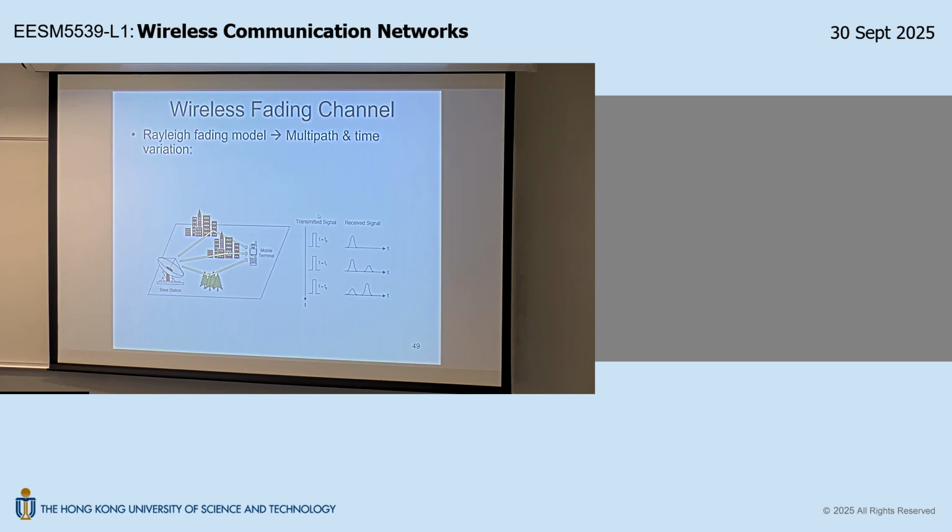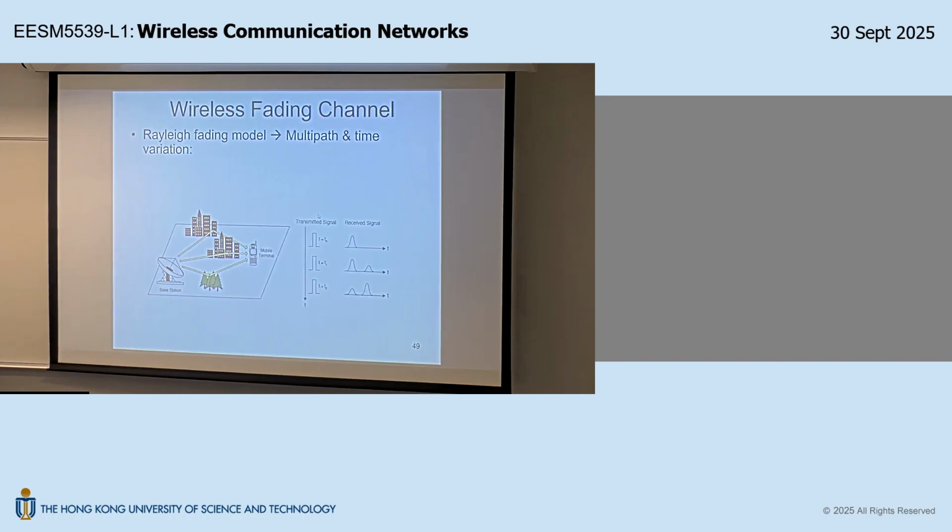So that process is called, let me erase this. That third process is called multipath fading. So multipath fading, from its name, means that between the transmitter and the receiver, there is usually more than one path.